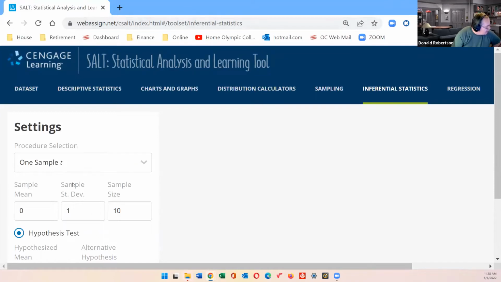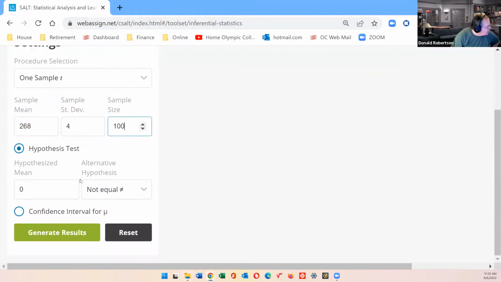One sample T, good. Sample mean 268. Sample standard deviation 4. Sample size 100. And we want to do a 260. And I can't remember what they want us to prove.